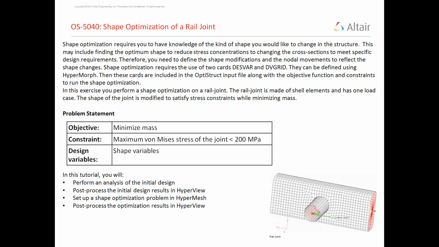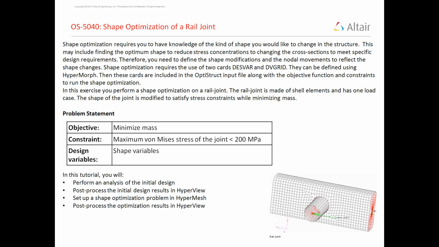Then these cards are included in the OptiStruct input file along with the objective function and constraints to run the shape optimization. In this exercise, you will perform a shape optimization on a rail joint. The rail joint is made up of shell elements and has one load case. The shape of the joint is modified to satisfy the stress constraints while minimizing mass.